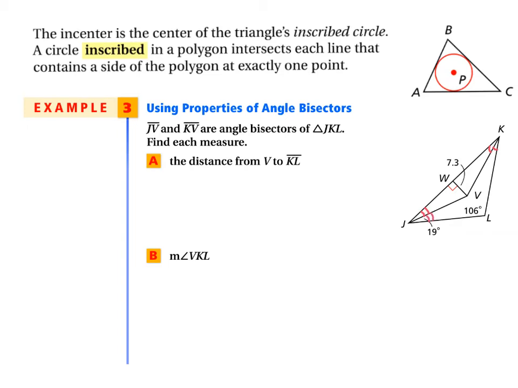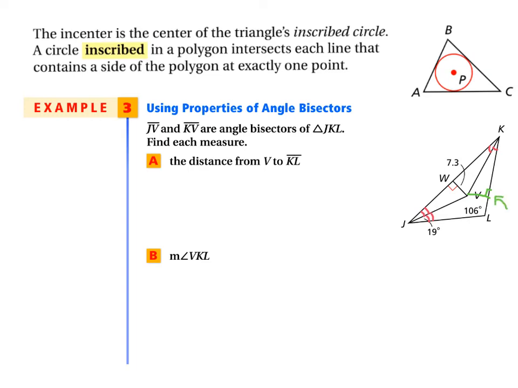Find each measure. So the first one is I want to know the distance from V to KL. So if I drew that in, remember, it's not going to be bisecting it, but it will be perpendicular.